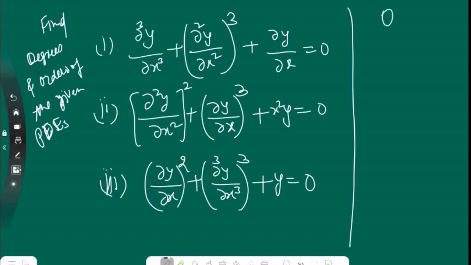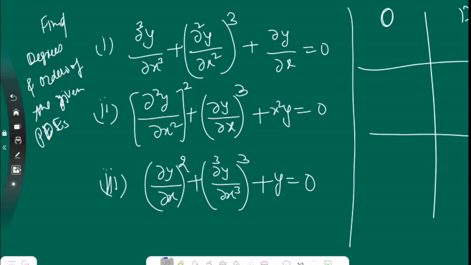We are going to first find the order and degree. In this case, the order is 3 and the degree is 1. And in this case, the order is 2 and the degree is 2. And in this case, the order is 3 and the degree is also 3. So I hope you understand it. Thank you.